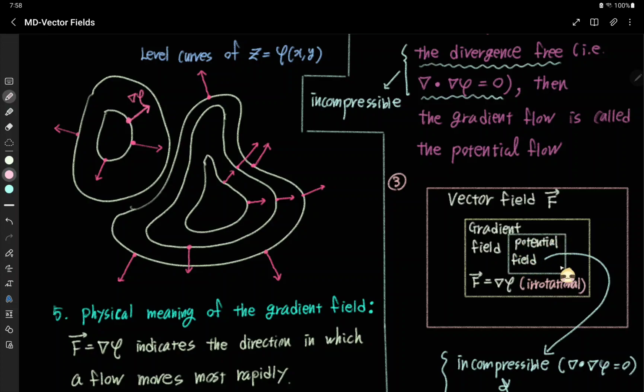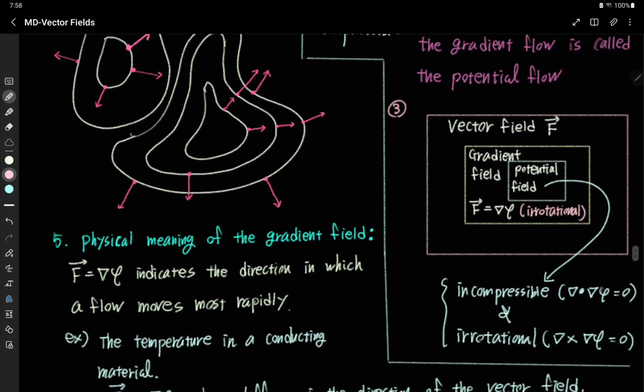So the potential field is the set with the strongest condition. Keep in mind, we'll talk about this later. I'll circle back. Incompressible and irrotational mean, in math, that the divergence, the dot product of the gradient, is 0, and the cross product of the gradient is 0. Okay.